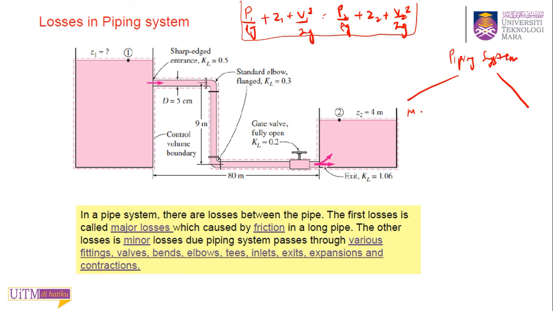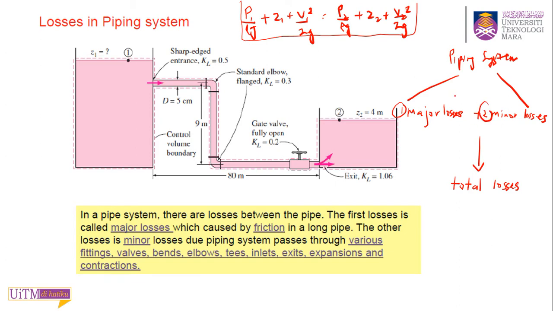Okay, they will have one that we call major losses, and another one that we call minor losses. The summation of both of these two losses will give us the total losses in the system. So we need to add the major losses and the minor losses.